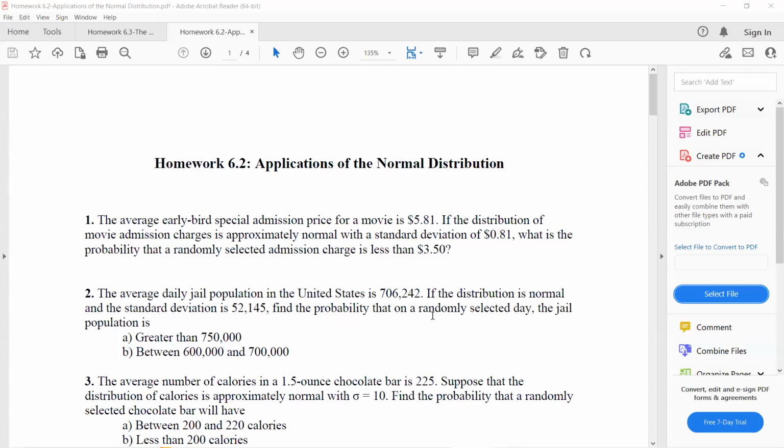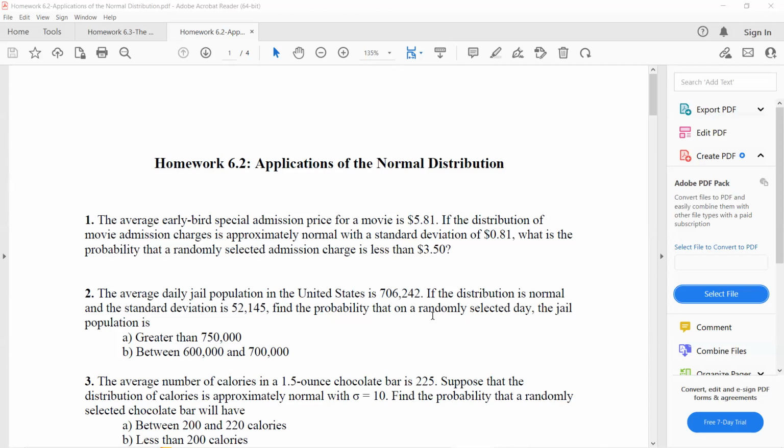So it says, the average early bird special admission price, let me put it on the screen. The average early bird special admission price for a movie is $5.81.